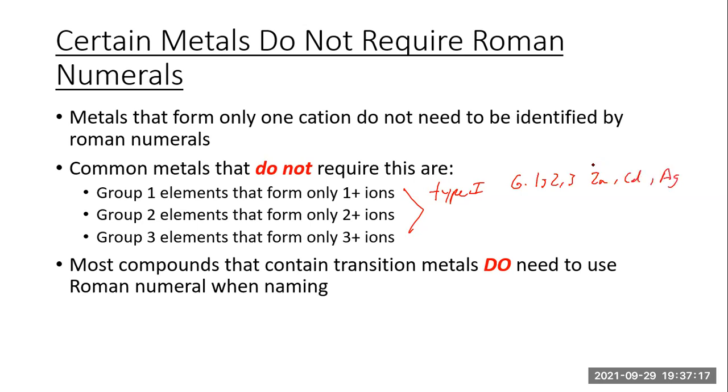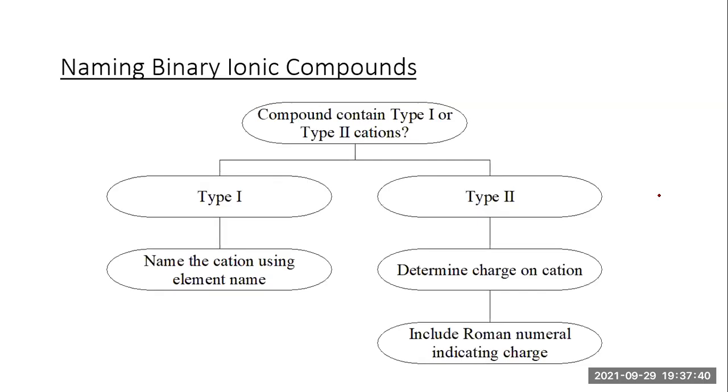A reminder that zinc always is a +2, cadmium is always a +2, and silver is always a +1. Again, our transition metals do need those Roman numerals, as we just saw, except for obviously these three. Type 1 and type 2, again, it's kind of a decision tree as to which way to go. And again, we've talked about that.